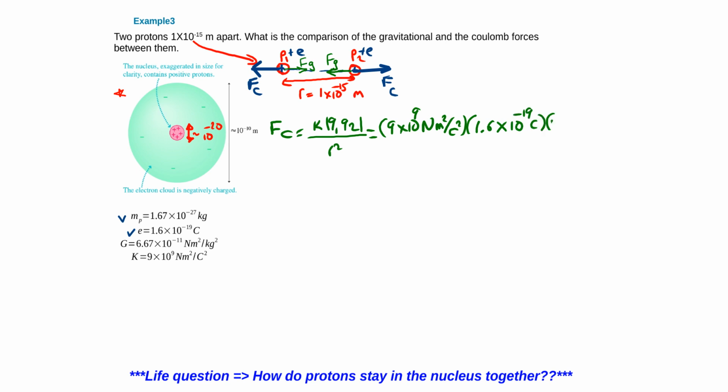That's one proton, and 1.6 times 10 to minus 19 coulomb is the other proton, all divided by the distance squared in between. Distance is 1 times 10 to minus 15 meters.